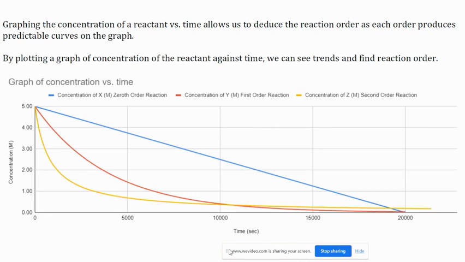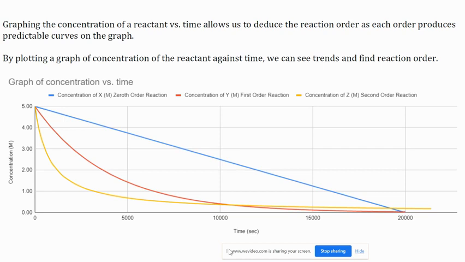One of these has a straight line. You see that? If it forms a straight line, negative slope, if I'm using my terms right. Yes? Okay. If it has a negative slope and that is a straight line with a concentration versus time, then that is a zero order reactant.